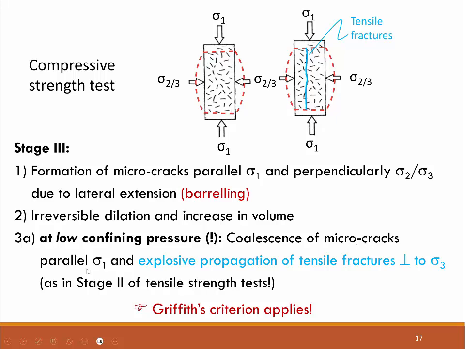Again, as soon as we coalesce the microfractures, we will find an explosive propagation of tensile fractures perpendicular to sigma 3, and that is the same in principle as stage 2 of the tensile strength test. So we see here Griffith's criterion applies to both the tensile strength test and the compressive strength test. We coalesce microfractures in response to the lateral dilation in the elastic barreling stage.